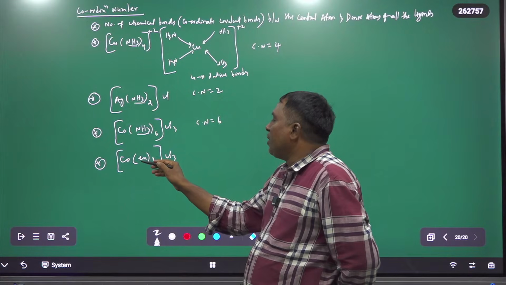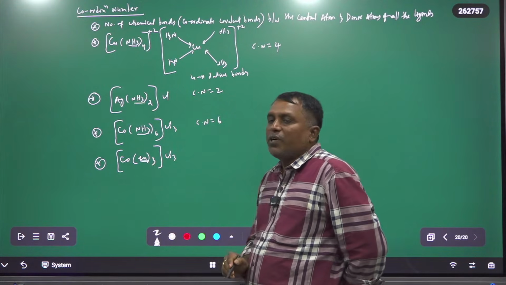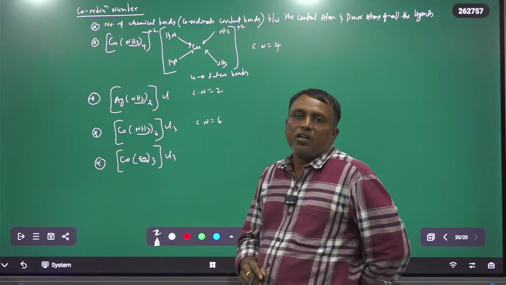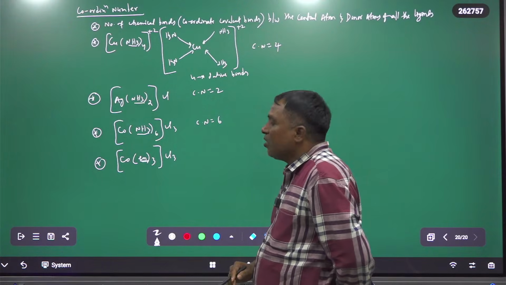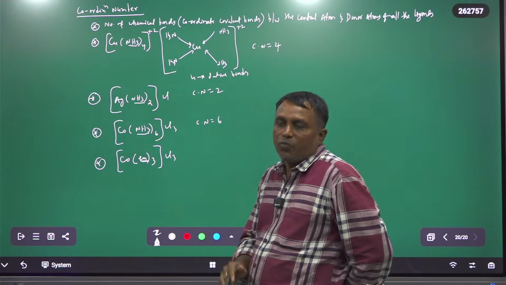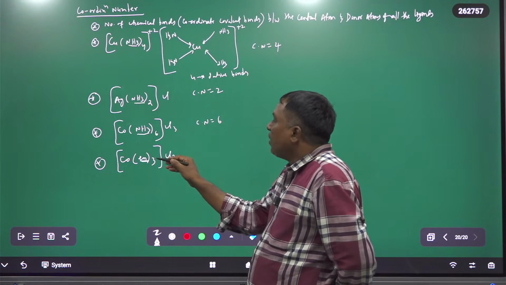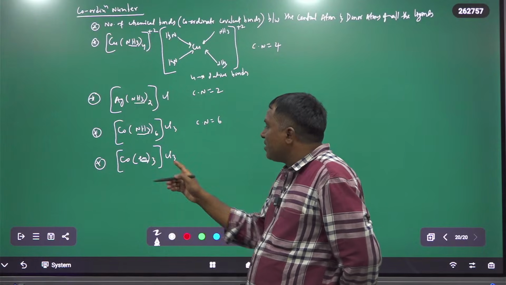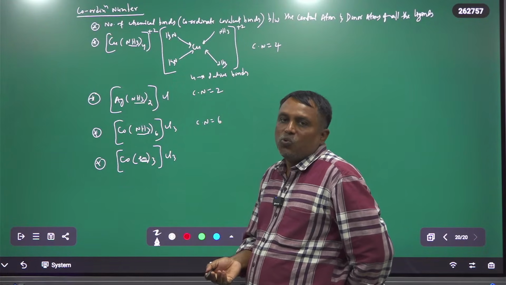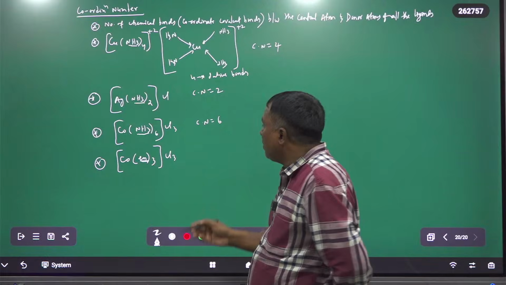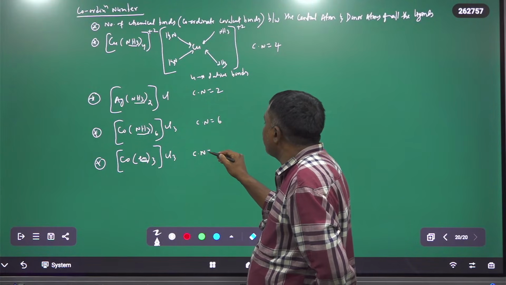But here en is a bidentate ligand. Each bidentate ligand is donating 2 electron pairs to the central atom by forming 2 coordinate covalent bonds. Therefore each bidentate is forming 2. Number of bidentate ligands 3 into its 2 donor atoms, therefore coordination number is equal to 6.